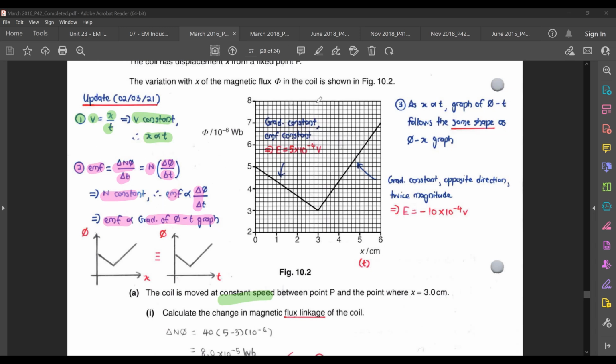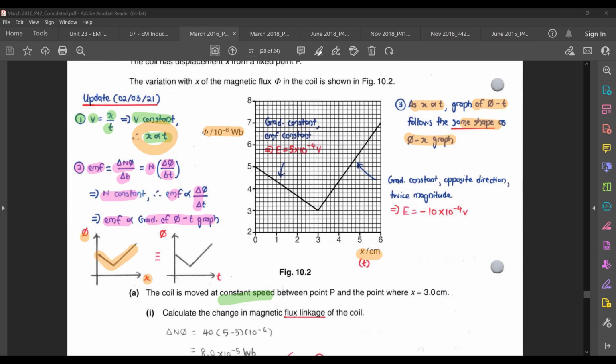So right now, there is one relation that you can then say: because x is proportional to t over here, a graph of flux versus time would follow the same shape as a flux versus distance graph. So what this means is that you had a graph of flux versus distance that looks like this.